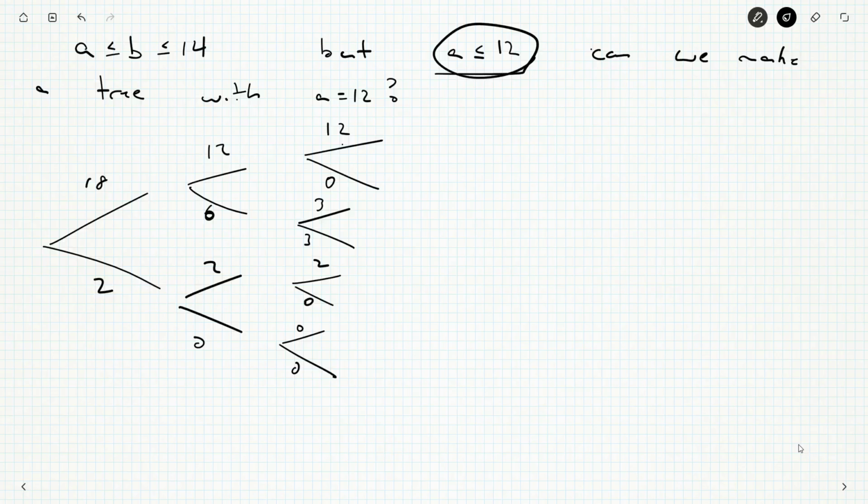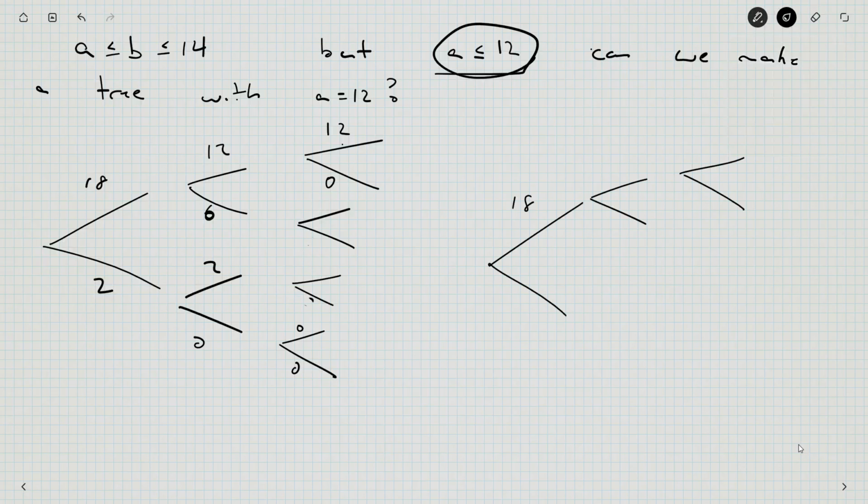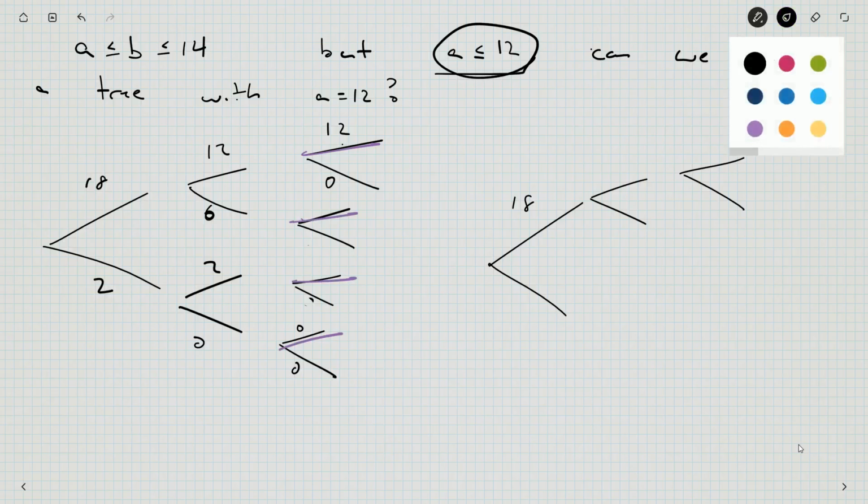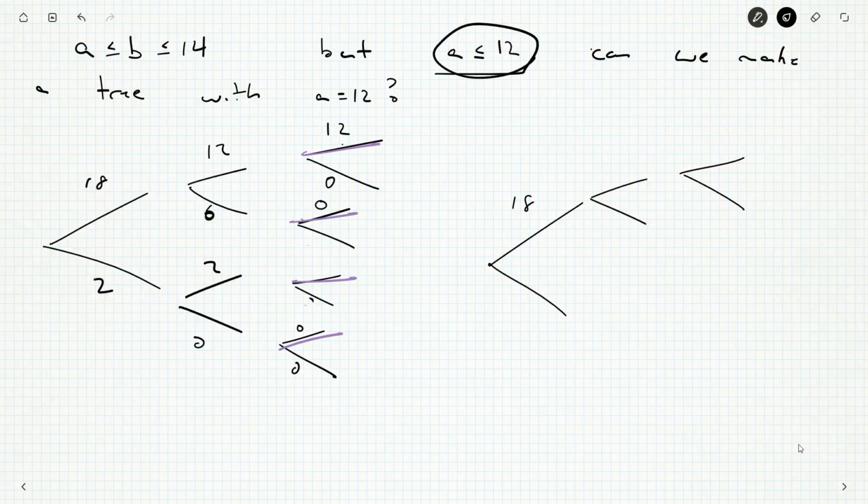Whereas if I tried to do something like, can A be 13? Oh, sorry, it does matter. I was wrong, because I have to remember that these ones here have to add up to 12. So I'd have to put a 0 here and a 0 here, and that would make this a 2, and that would make this a 6.